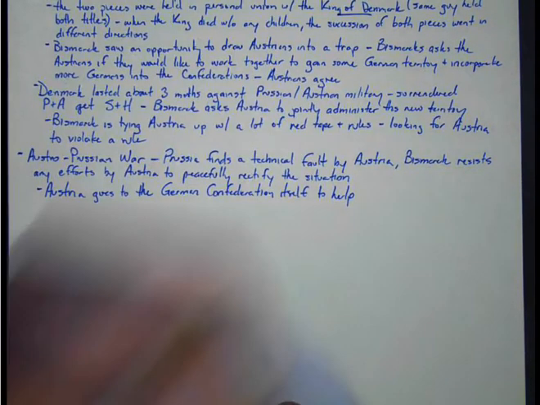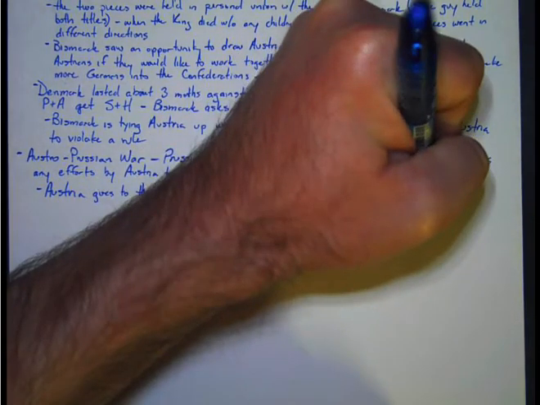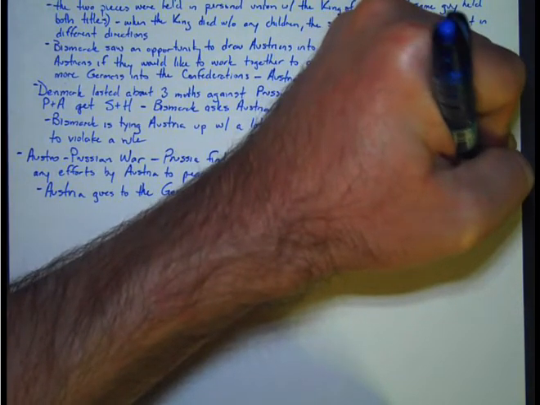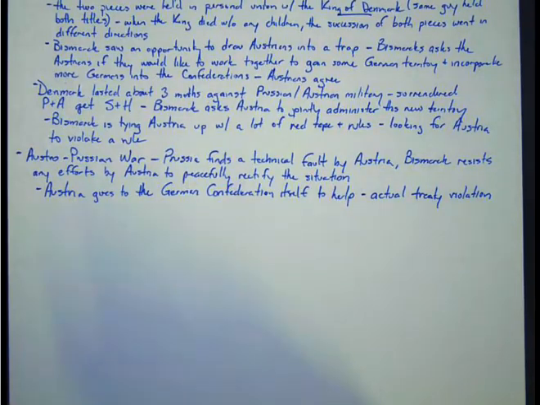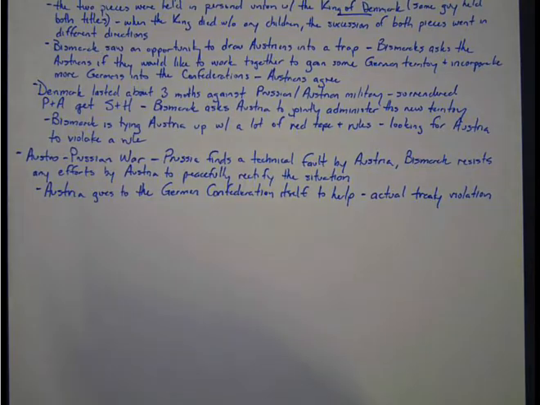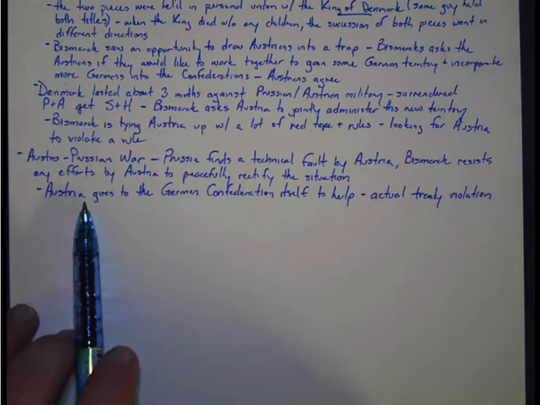And this was an actual treaty violation. Like, this was an act of aggression because now Austria is trying to bring in all the other little Germanies to do something to Prussia. This is the equivalent of a parking ticket versus like stealing a car.